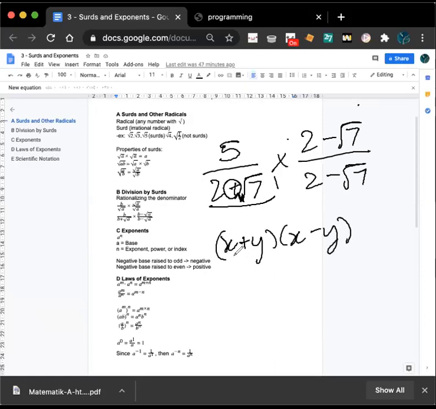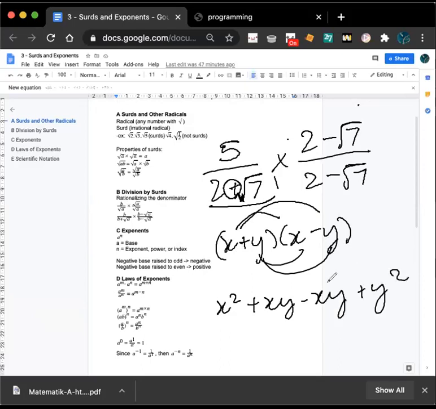I usually like to link it back to that. What happens in x plus y times x minus y is you multiply term by term and get x squared plus xy minus xy minus y squared. Then you remove the cross terms, and you get x squared minus y squared.